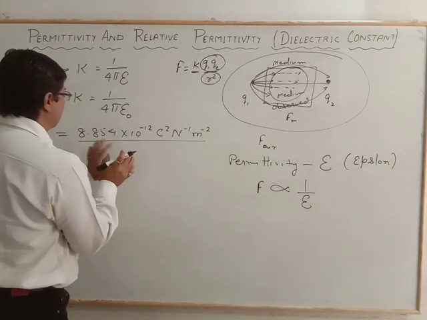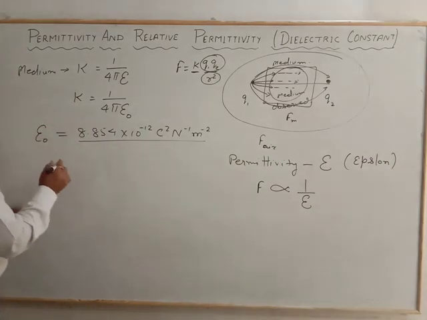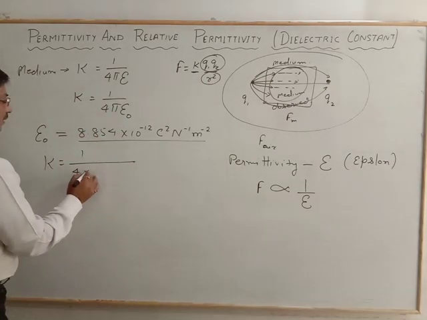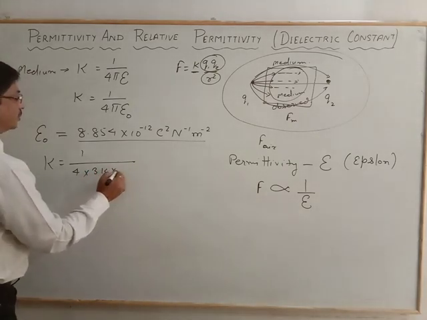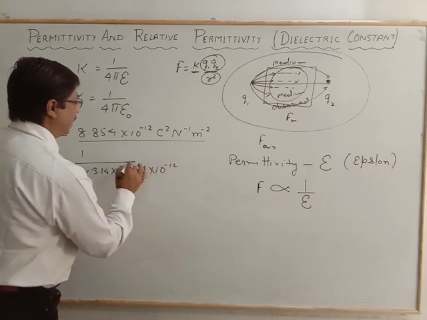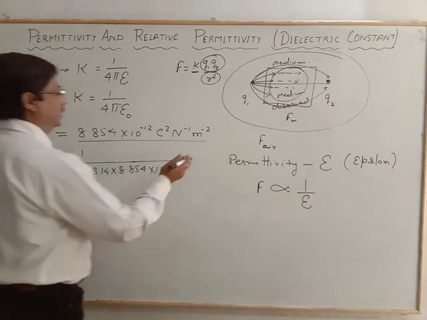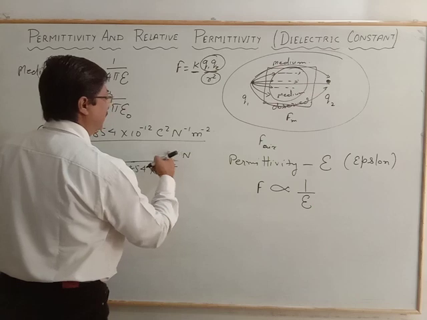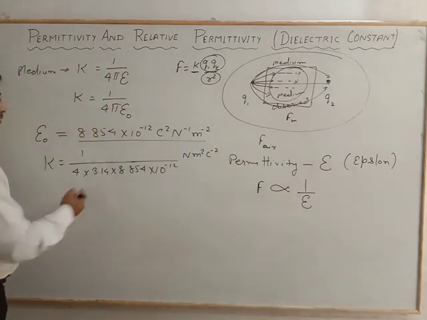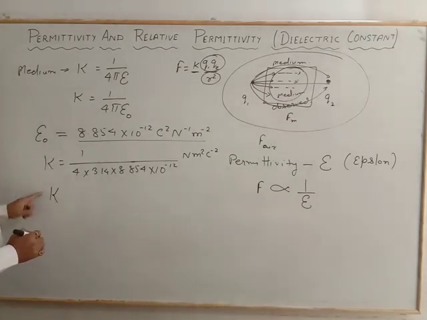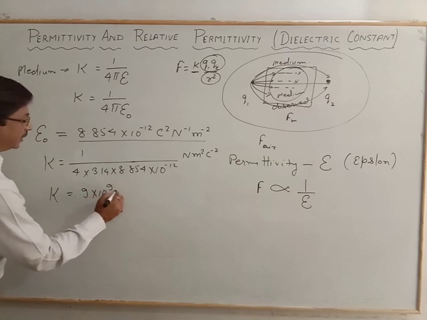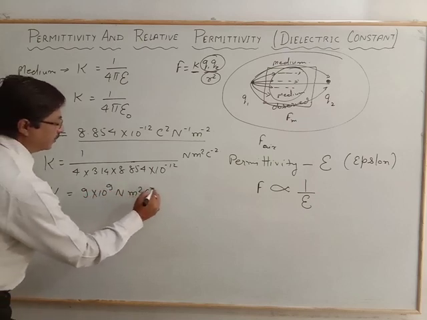Now if we consider this relation and put this here, 1 by 4 pi, pi has the constant value 3.14, into 8.854 into 10 to the power minus 12, and in that case we have the unit Newton meter square per Coulomb square. So we get the K value in air, that is equal to 9 into 10 to the power 9 Newton meter square per Coulomb square.